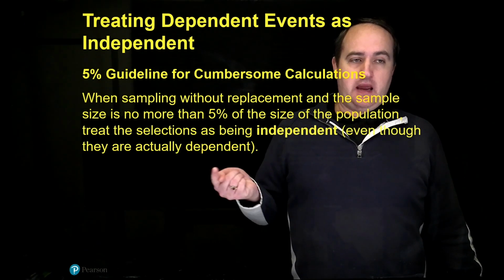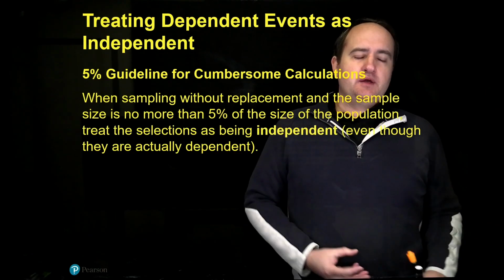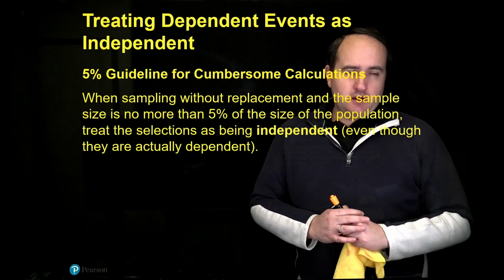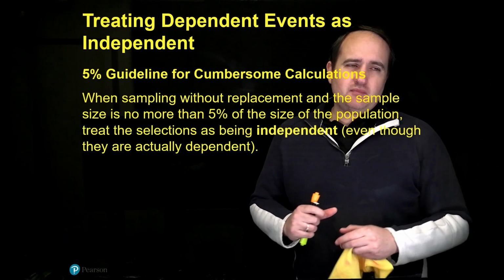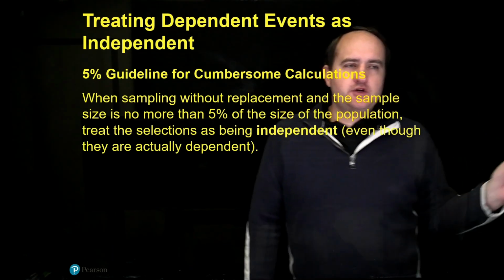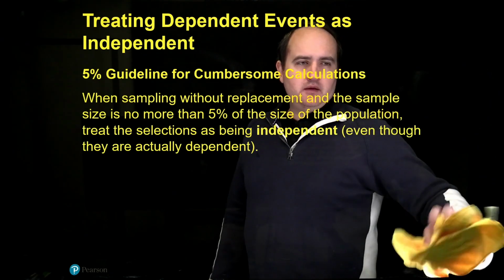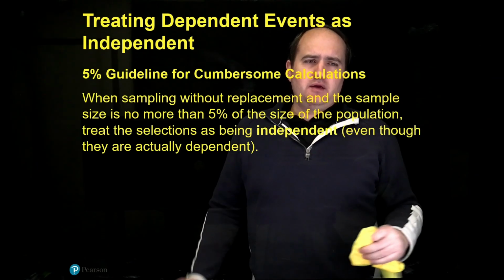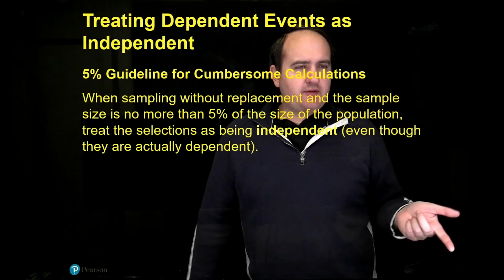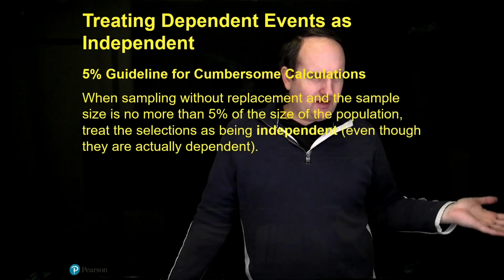even though they are actually dependent. And the reason you can do that is if your sample is small enough, if you take one person out and you don't put them back, if you had put them back, your sample size would be small enough that you would be extremely unlikely to choose the same person again anyway.